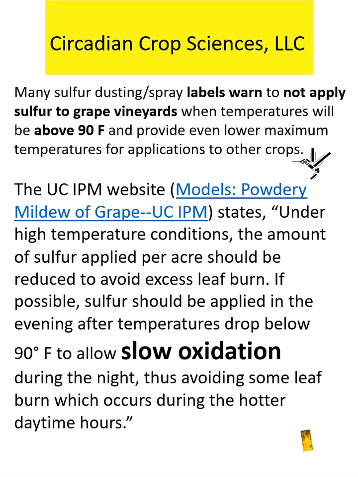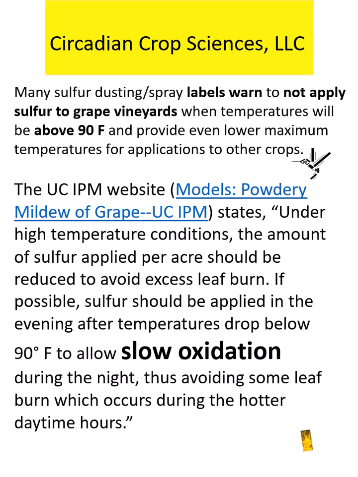The University of California Integrated Pest Management website, in their section on modeling powdery mildew of grapes, states, under high temperature conditions, the amount of sulfur applied per acre should be reduced to avoid excess leaf burn.